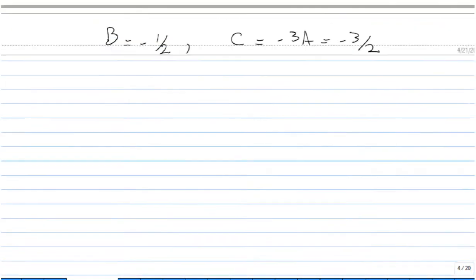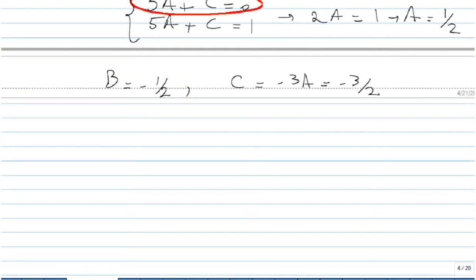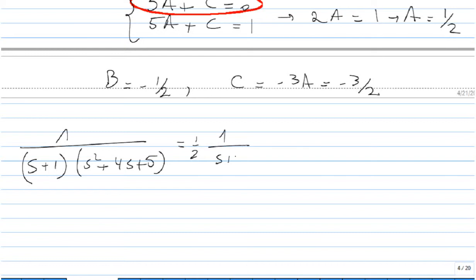Okay, so this tells me that my decomposition now is 1 over s plus 1 times s squared plus 4s plus 5 equals 1 half for a, 1 over s plus 1, and then plus 1 half minus s minus 1 half for b, and minus 3 half for c, over s squared plus 4s plus 5.